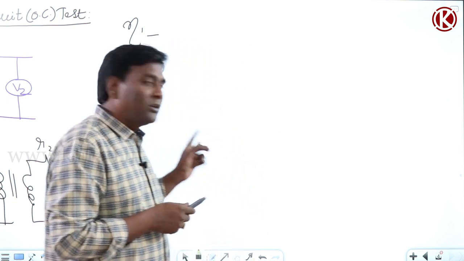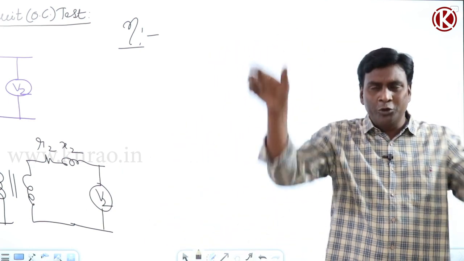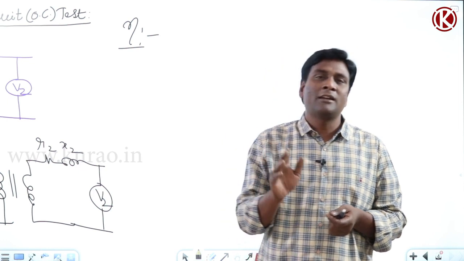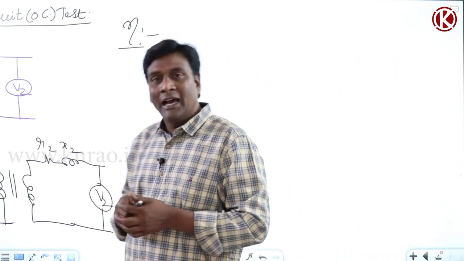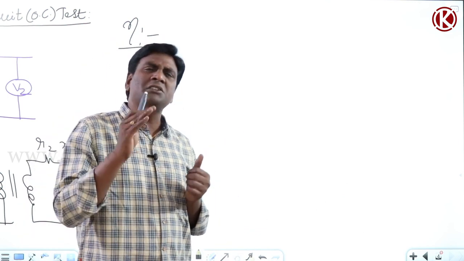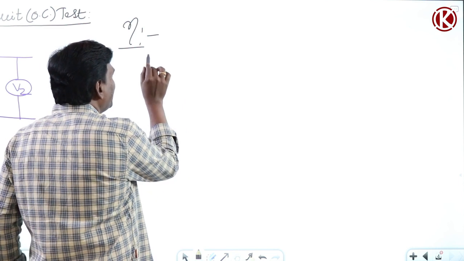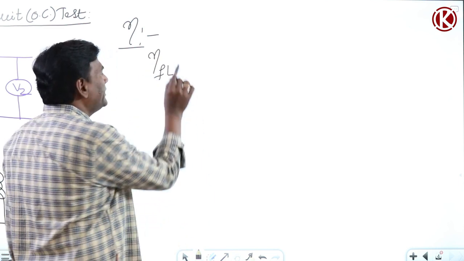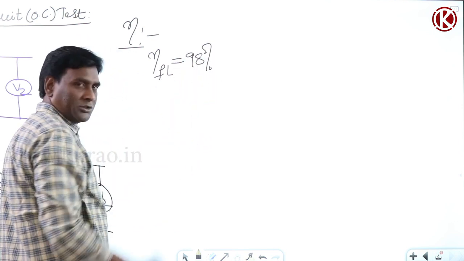But in a transformer there are no rotating parts, it's going to be static. So the moment rotating parts are not there, mechanical losses will not be there. Because of lack of mechanical losses, I can say that the transformer has the highest efficiency among all machines. For example, efficiency of a transformer at full load is 98%, which is possible.